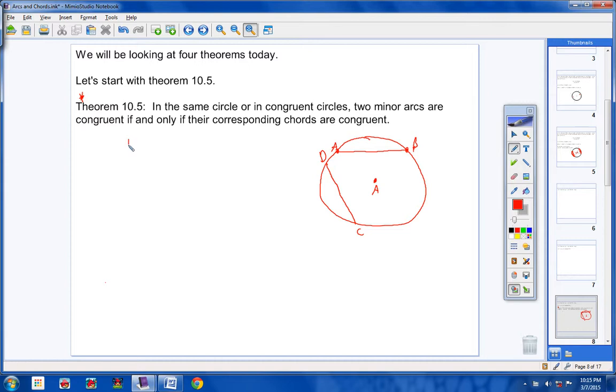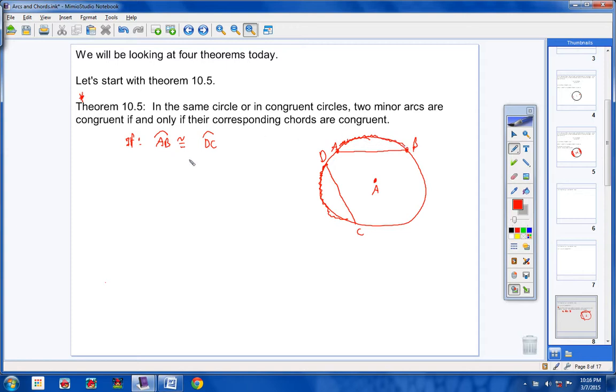So here we go. So if arc AB is congruent to arc DC, okay? So here's my arc, and students, it's really hard to switch colors because when I take my pen over here, it just jumps over it like that. So we're gonna have to use one color today. So pay attention carefully.